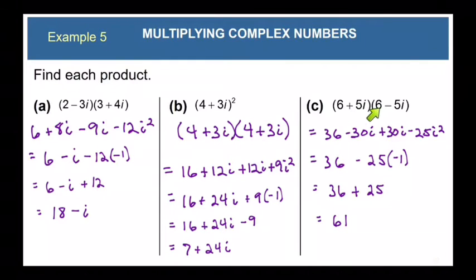We multiplied together two complex numbers and we got a purely real number that does not have an imaginary part. Or another way to say it is, you could say its imaginary part is 0. And this is going to happen every time we multiply a complex number times its conjugate.